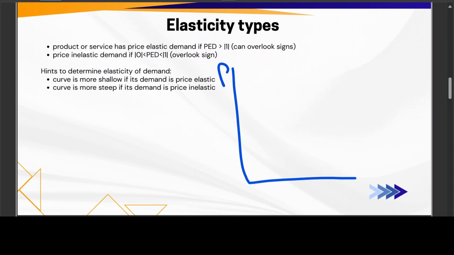This is a graph, and let's say this is your demand curve. And keep that in mind. If the demand curve is steeper, like near to a vertical line, it means your demand is price inelastic. It does not change much. The quantity demanded does not change much, even though price changes.